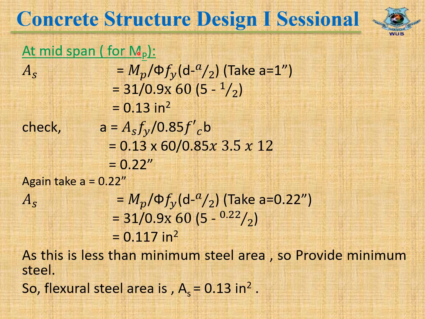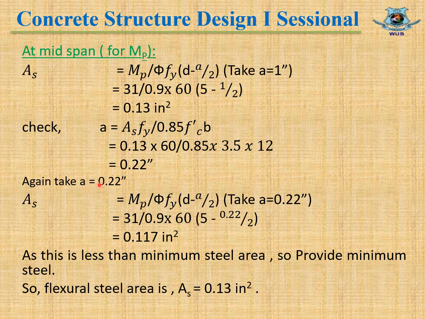At mid span, positive moment MP equal to 31 kip inch. As is equal to MP divided by phi Fy into d minus a by 2. Take a equal to 1 inch for trial and error process. By substituting all values, As is equal to 0.13 inch square. Check a equal to 0.22 inch as shown in the previous slide.